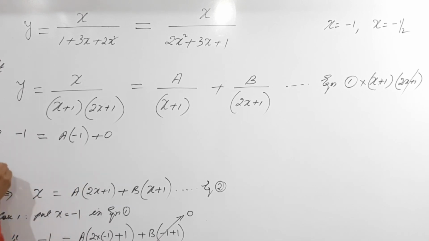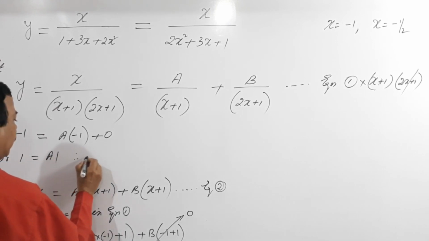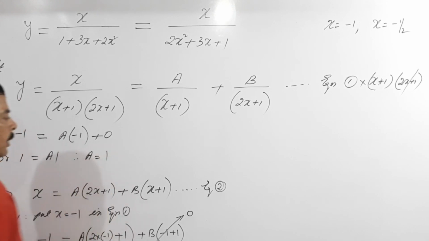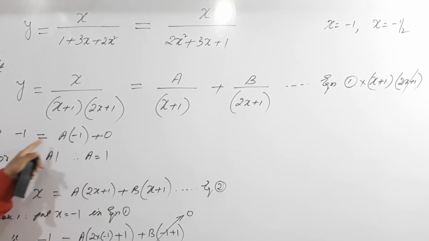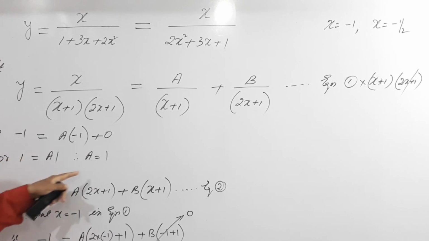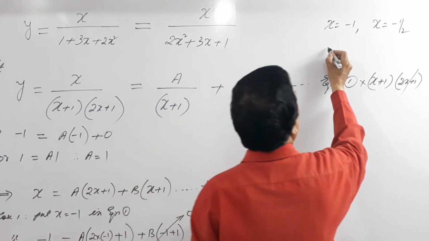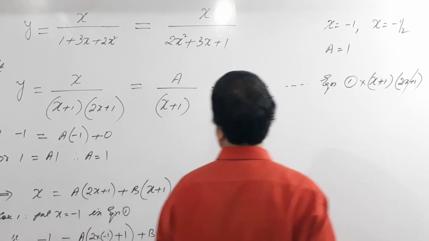What happens here? 1 equals to a1, therefore a equals to 1, correct? So this 1 will go below, finally we get a equals to 1. So we will note down the value, a equals to 1.